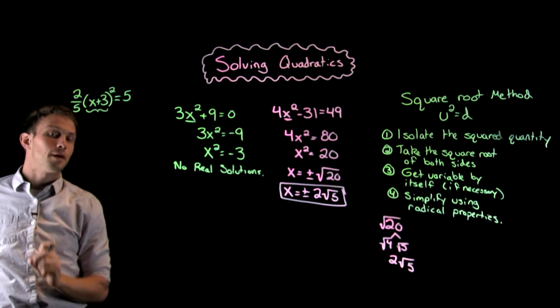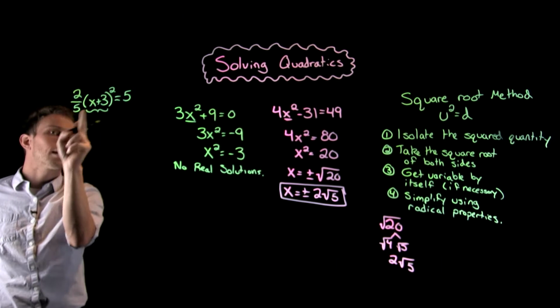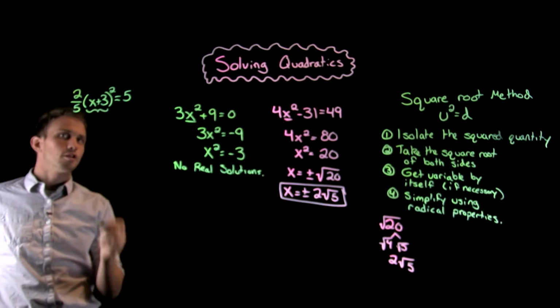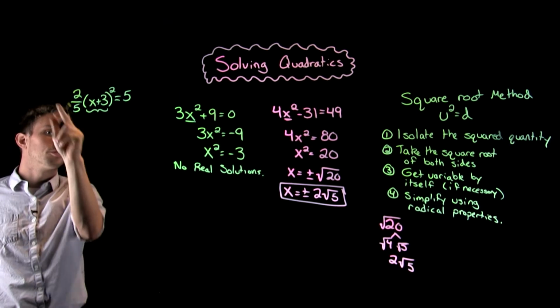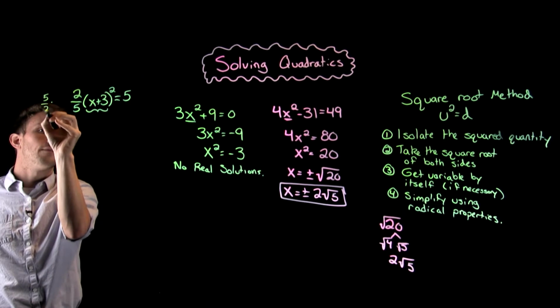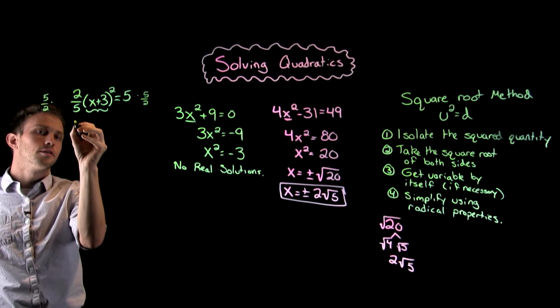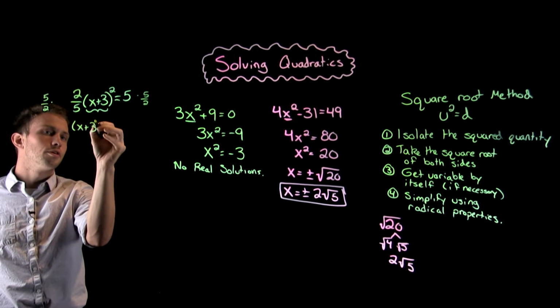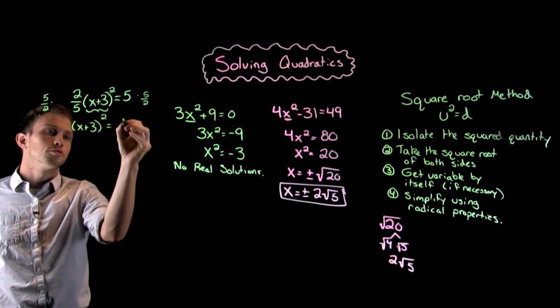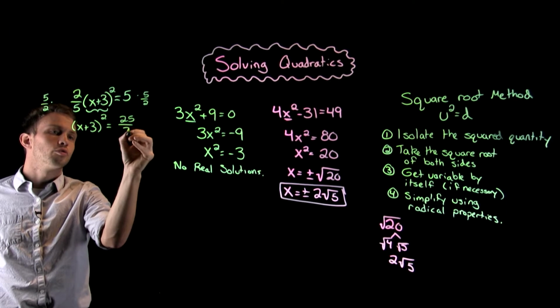We need to get this thing by itself first, but to do that, I have to get rid of this 2/5. So what I could do is multiply by the reciprocal, which is 5/2, on both sides. That's going to give me x plus 3 squared is equal to 25/2.